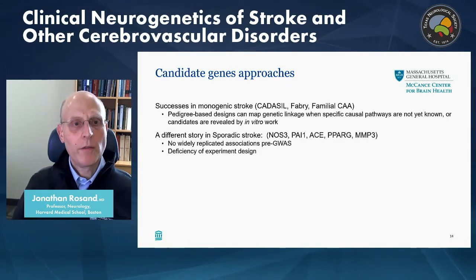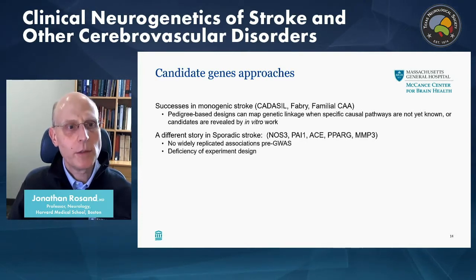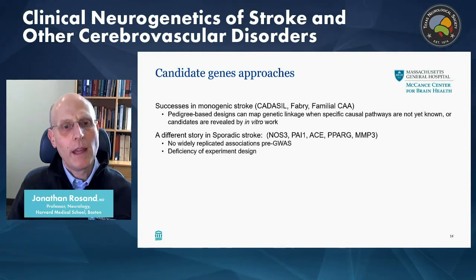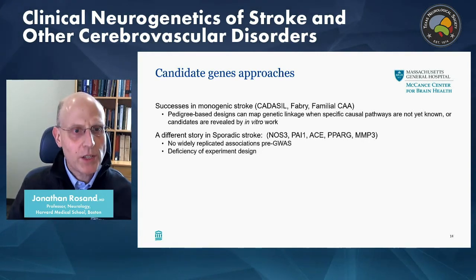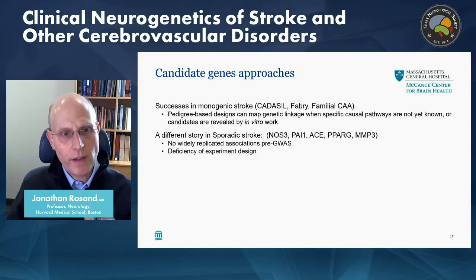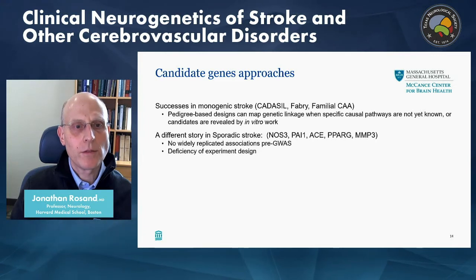So the very first common variant approaches are studies that I think we're all familiar with. We call these candidate gene approaches. And this is where you pick a region of the genome and you say you think that the gene there, or the family of genes within that region, harbor variants that influence risk of stroke.